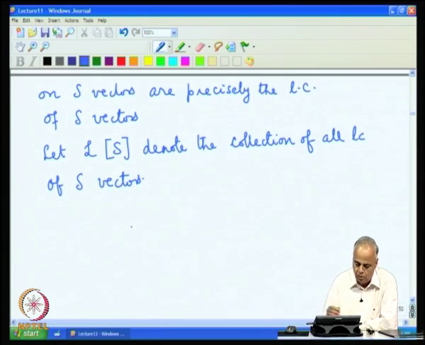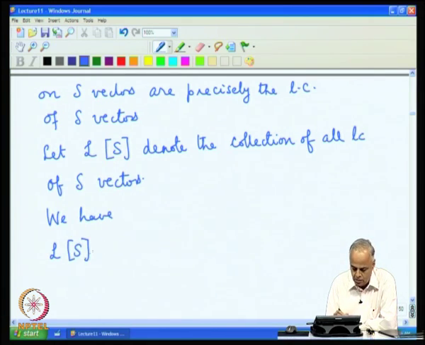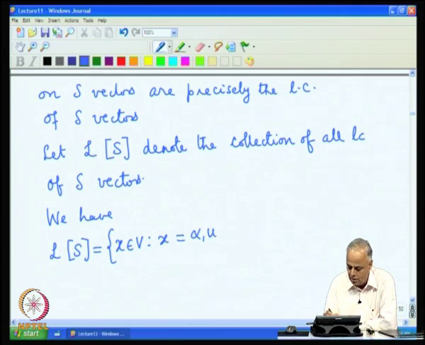So, what do we have? LS is equal to all those vectors in V which can be expressed as linear combinations of u1, u2, ..., ur.